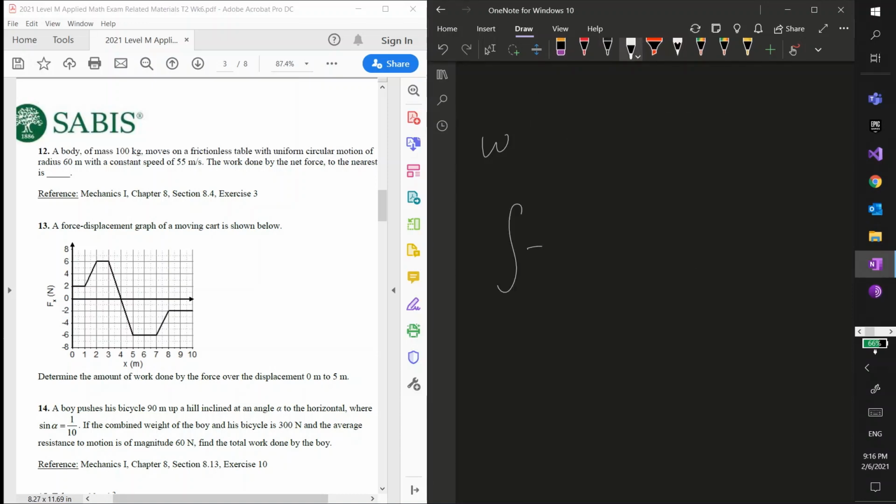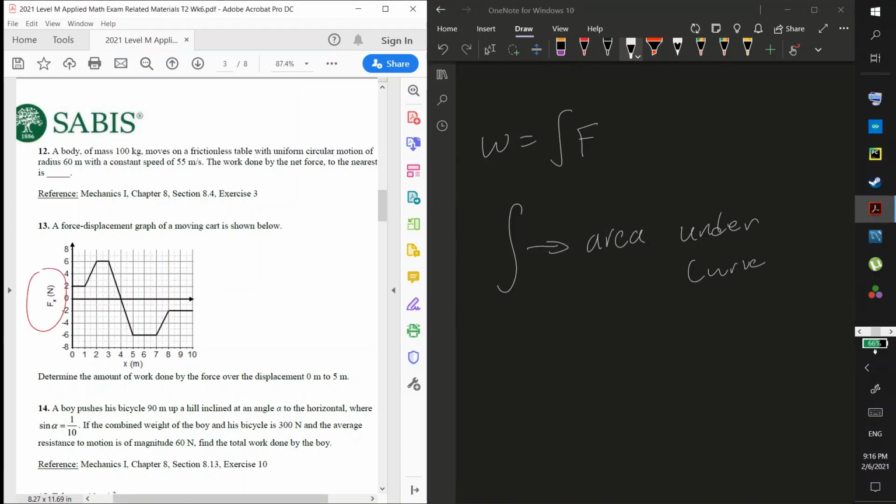An integral means area under the curve. So your work is going to be equal to the integral of your force, which is the y-axis, multiplied by d of your x-axis, whatever your x is, your displacement in our case. This means area under the force displacement graph. Okay?